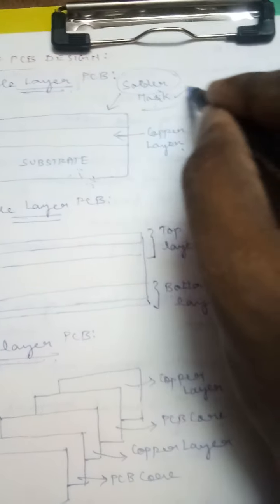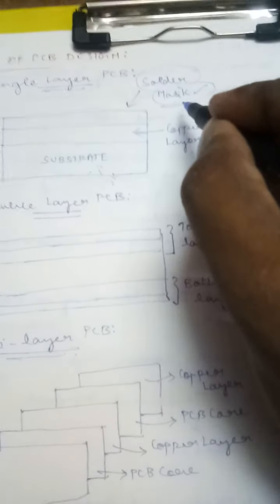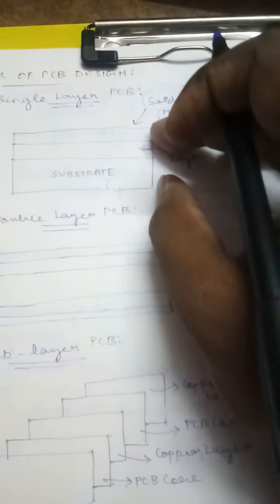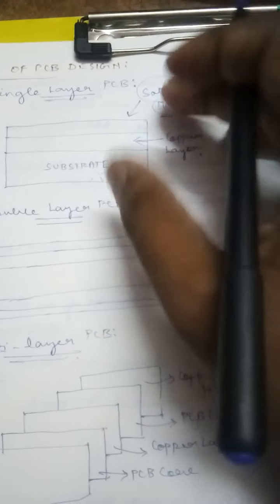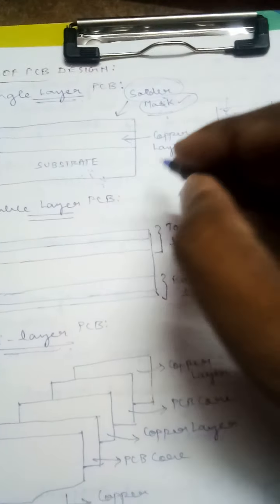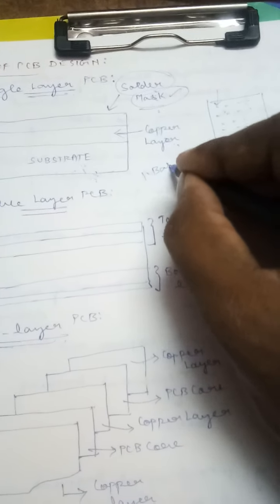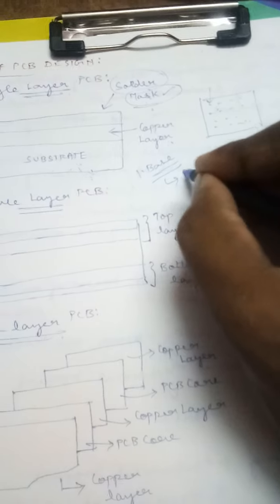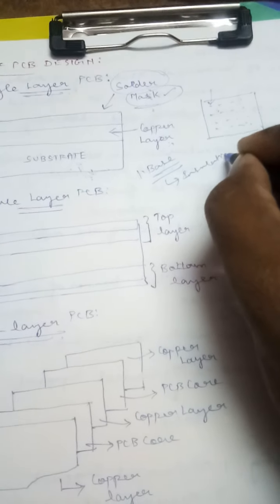You have to know what is meant by the term mask. In a PCB, the main objective when constructing the layers is, first, a base. The base represents an insulating material.